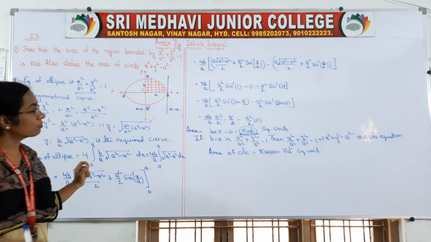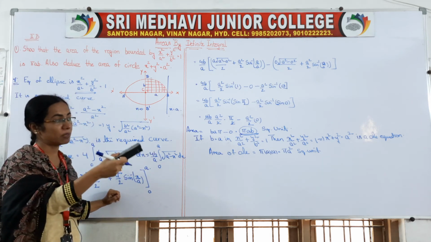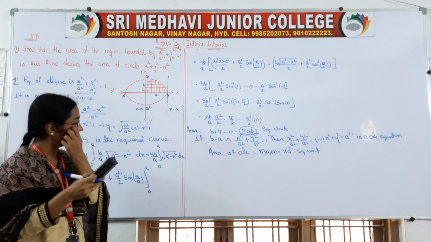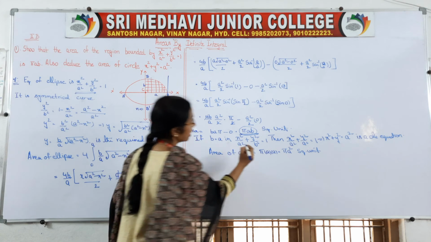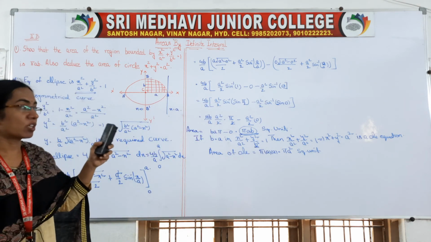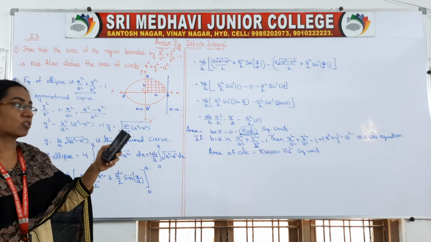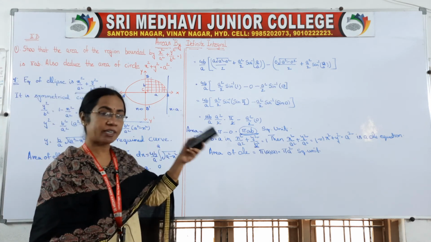After that, from that only, deduce the area of the circle x square plus y square is equal to a square. In the given ellipse equation, in place of B, if I take A, then it is x square by a square plus y square by a square is equal to 1. Take the LCM as a square and send it that side.